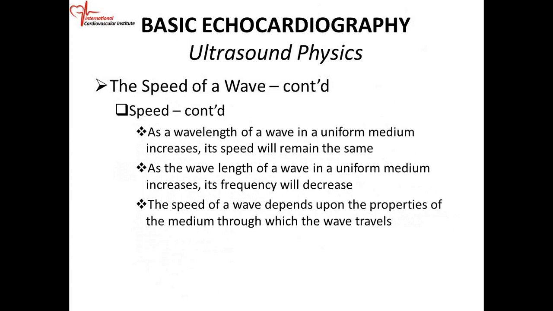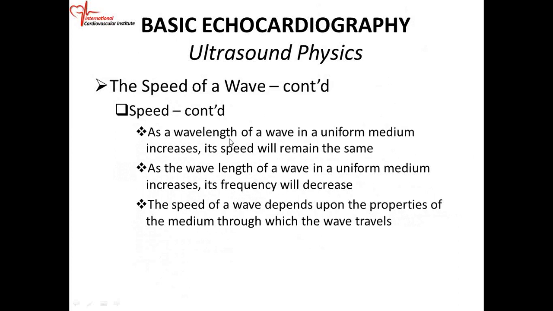And then, as the wavelength of a wave is uniform, that is why the speed of a wave in a medium is fixed, because the wavelength of that wave in a medium is going to be fixed.